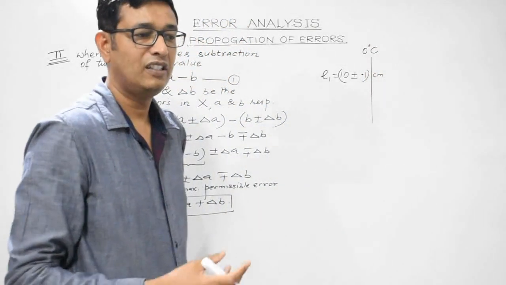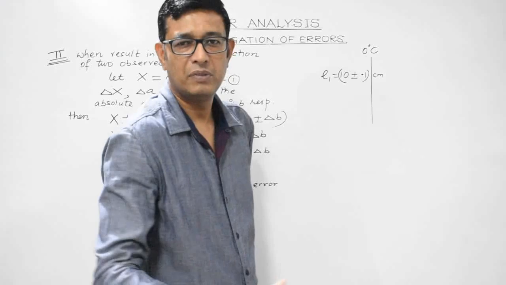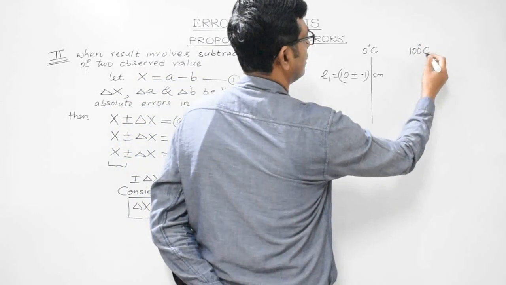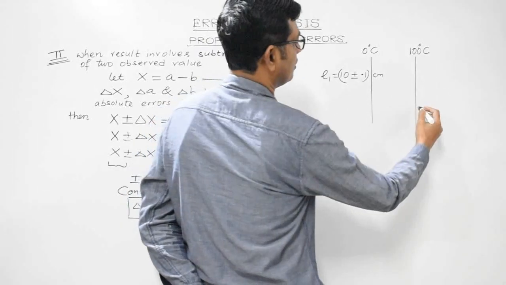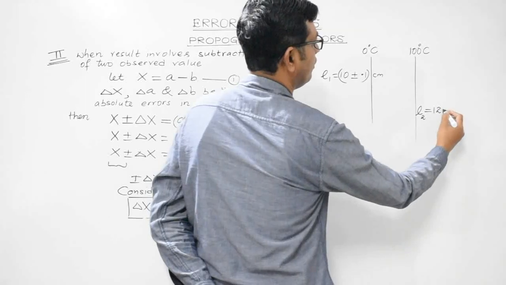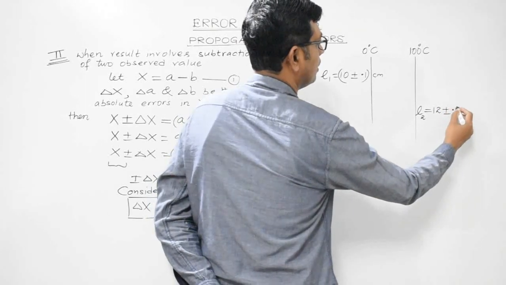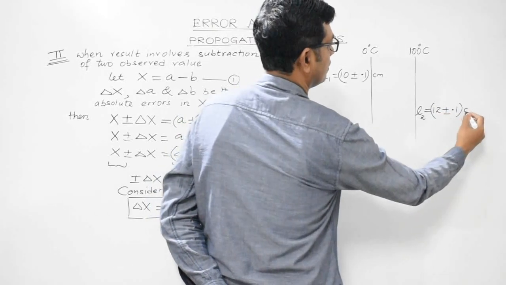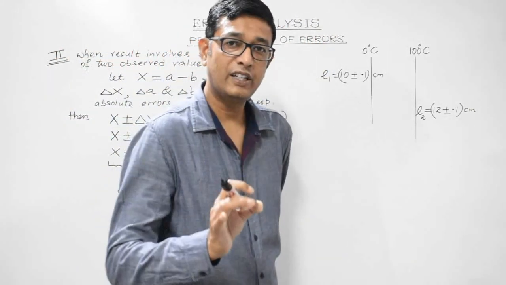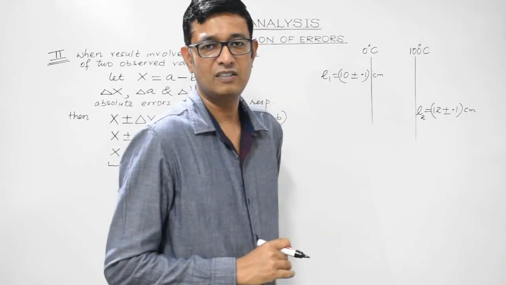Now, as we are aware, with the increase in the temperature, it will expand, being a metallic scale. So, suppose at 100 degrees Celsius, the length increases and it is represented as, suppose, 12 plus minus 0.1 centimeter. Right? We are supposed to find out the increase in the length of the wire.